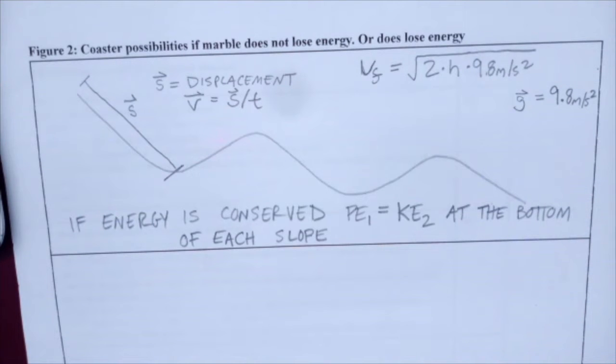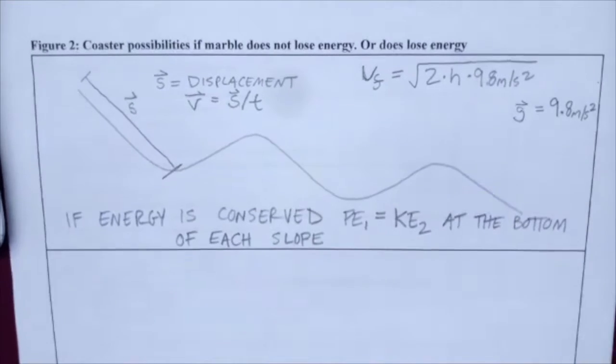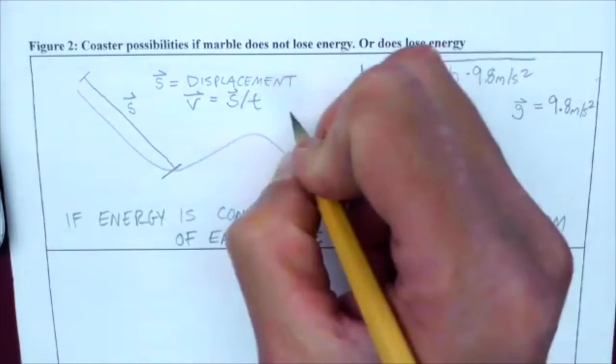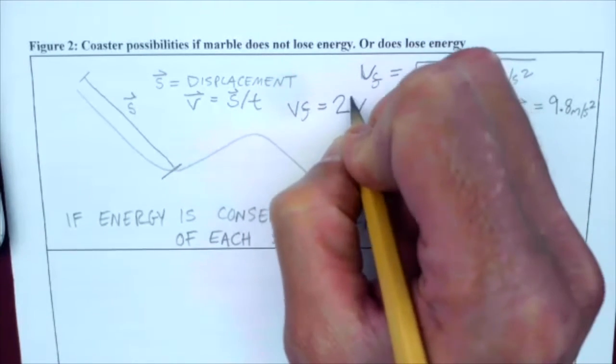And if acceleration is constant and the marble starts at 0, so you measure each velocity independently, in other words, with my stopwatch, start, stop, and I'm only measuring one slope at a time, then I know that VF also equals 2 times average velocity.